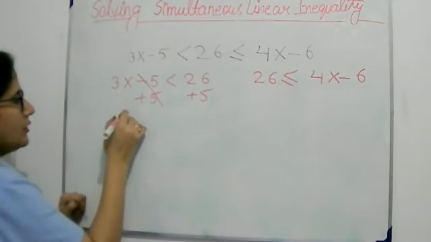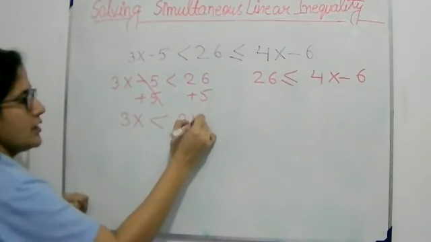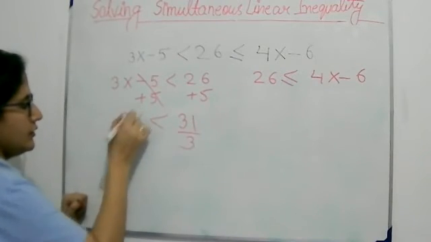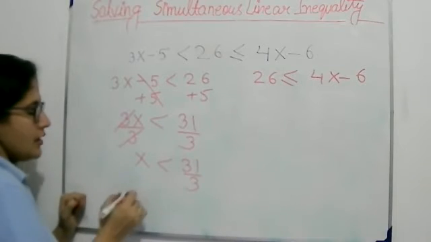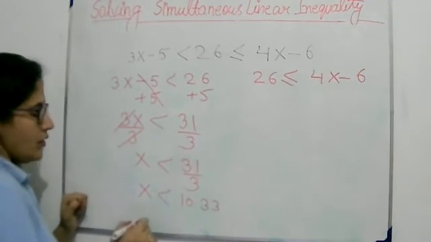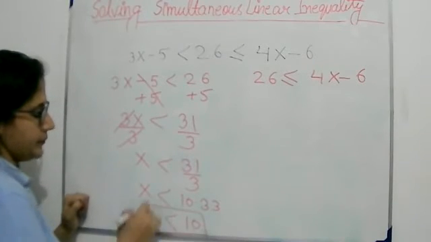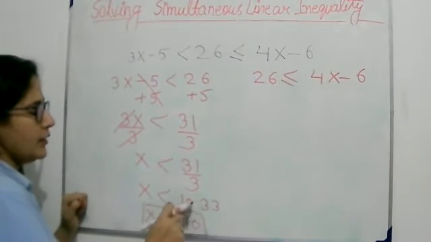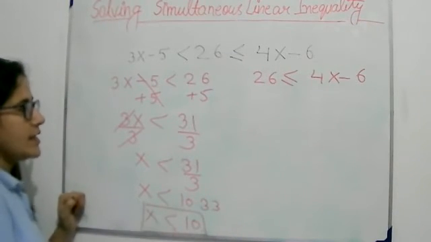It will be cancelled out. 3x is less than 26 plus 5 is 31. Divide by 3 both sides. 3 cancels out. x is less than 31 by 3. We can write it like this, 10.33, or to make it easy to represent, just 10. So x is less than 10.